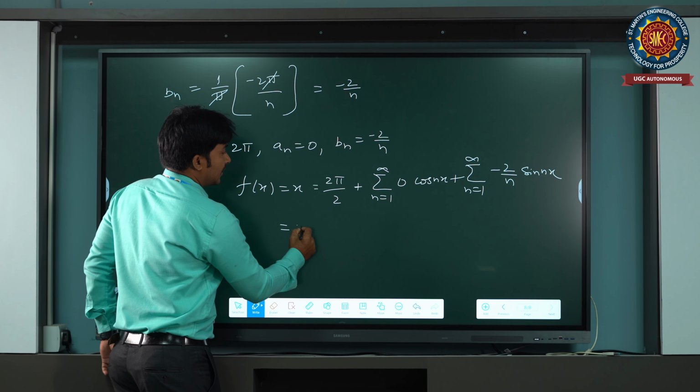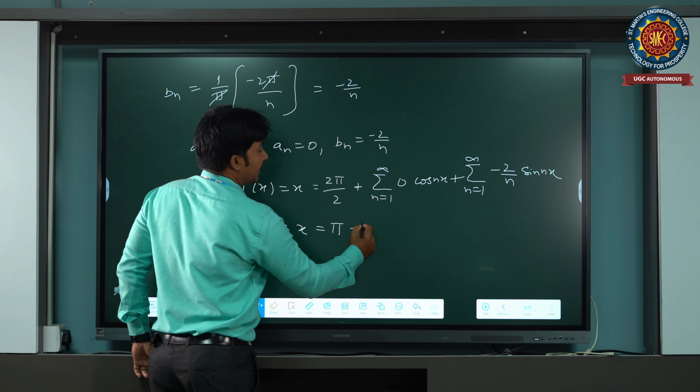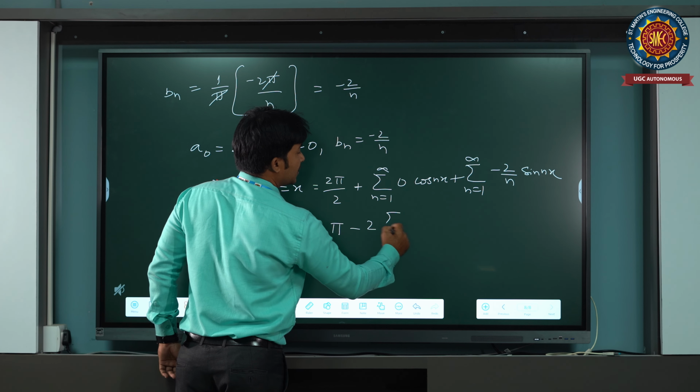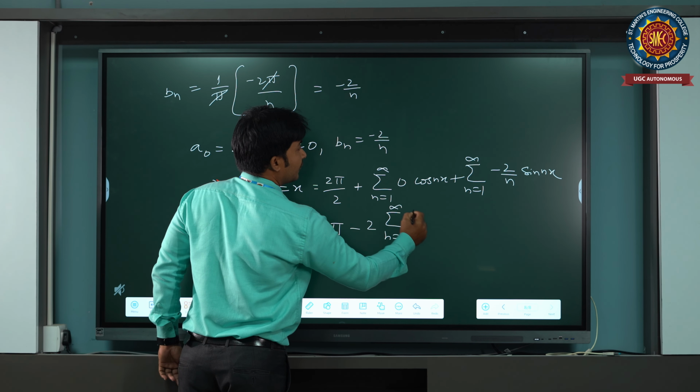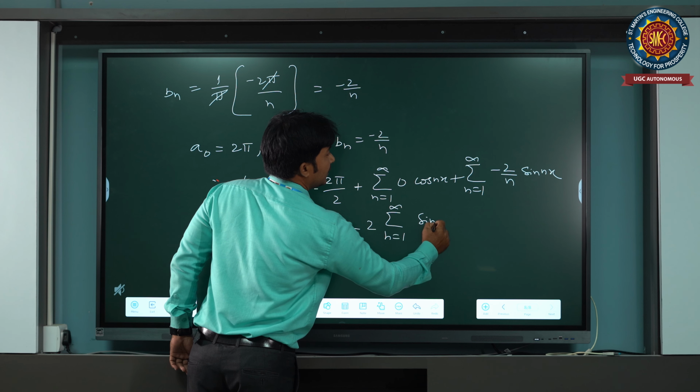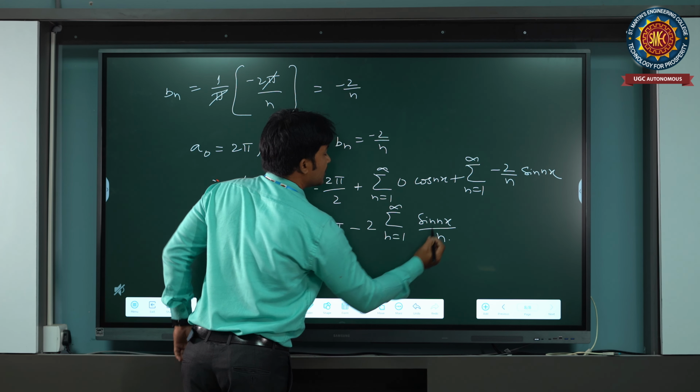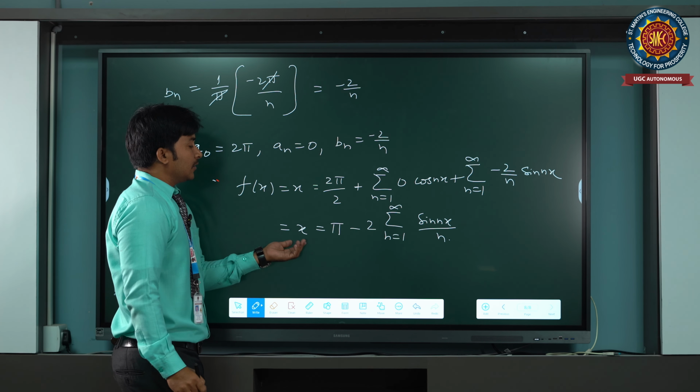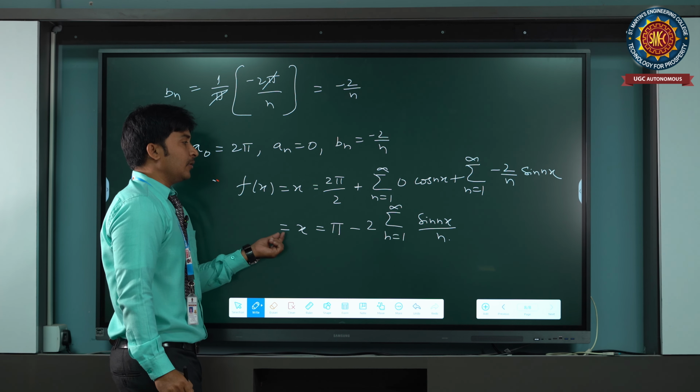That gives x equals pi minus 2 summation n equals 1 to infinity sin nx by n. This is the series of the given example.